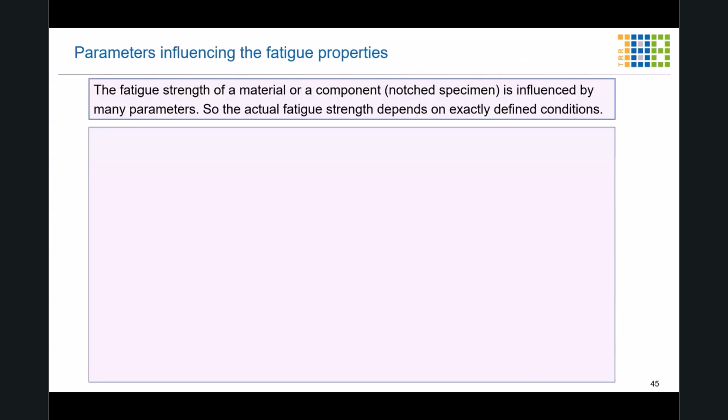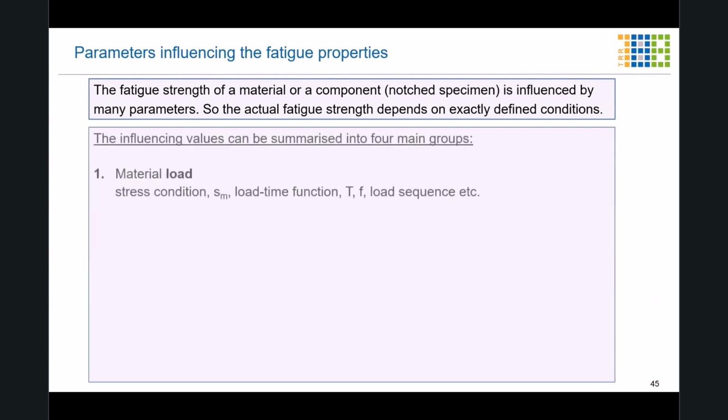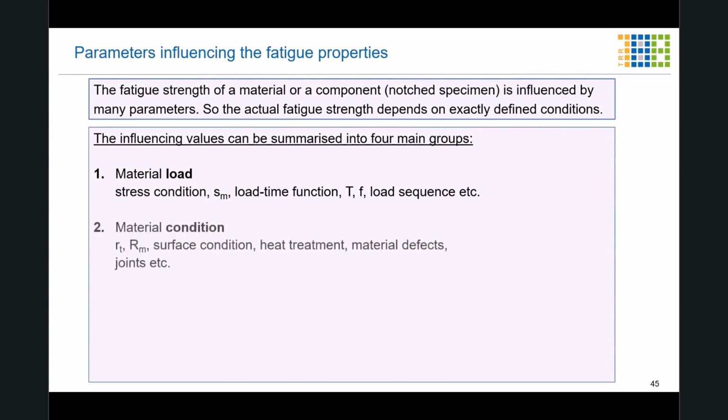Now we'll discuss some parameters that influence the fatigue property or the fatigue stress in general. The influencing values can be summarized into four groups. There's the material load, where parameters like stress condition, load time function, temperature, frequency, load sequence, etc. In this case, we will discuss it later on, where we look at the axial-torsional load cases and the load path dependence.